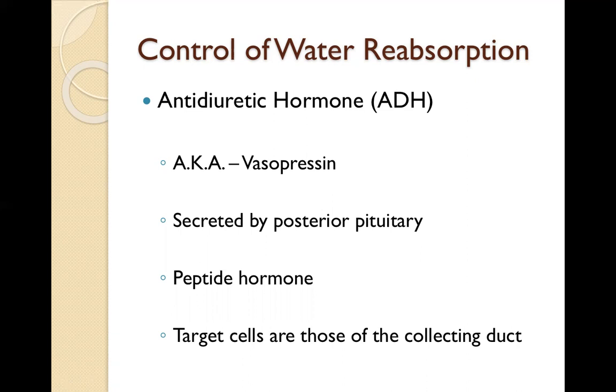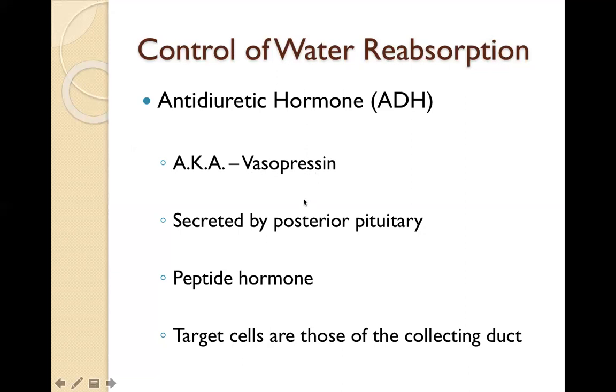And it makes sense because this hormone is released in highest quantities when you are volume deplete, when your intravascular volume, the amount of fluid in your blood vessels, is reduced, and that would cause your blood pressure to decrease. So secretion of this hormone will not only help regulate and increase the reabsorption of water, it's also going to allow for vasoconstriction.